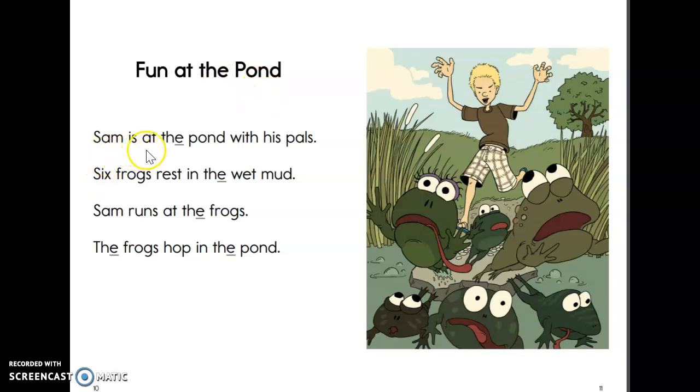Sam is at the pond with his pals. 6 frogs rest in the wet mud. Sam runs at the frogs. The frogs hop in the pond.